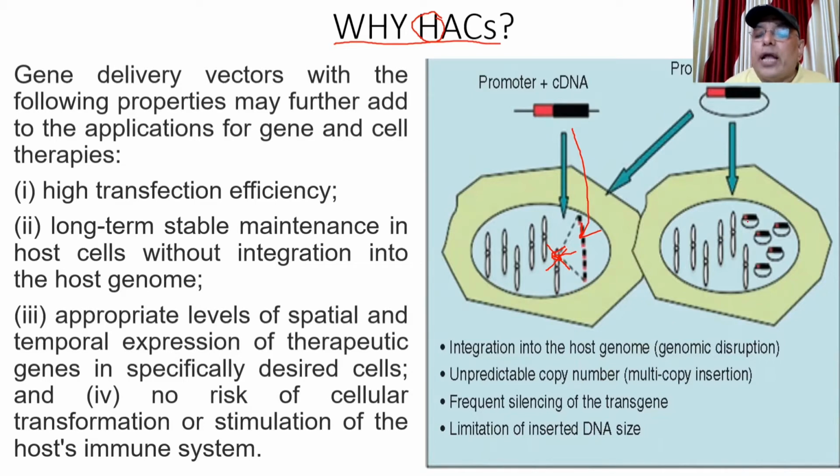But here you see, here also, if it has been integrated, there are unpredicted copy numbers. They may be produced in multiplicity if we simply insert the cloned DNA with a promoter site. The cloned DNA may produce uncontrolled copy numbers. Numerous copies might be produced, and they will have an adverse impact on cellular metabolism and may ultimately disrupt the cell.